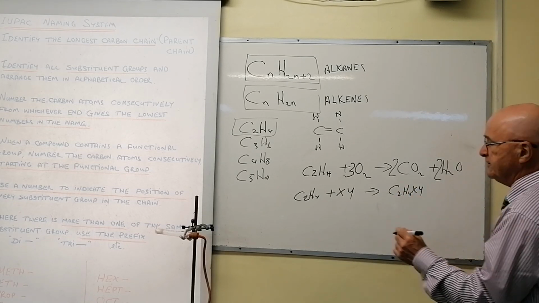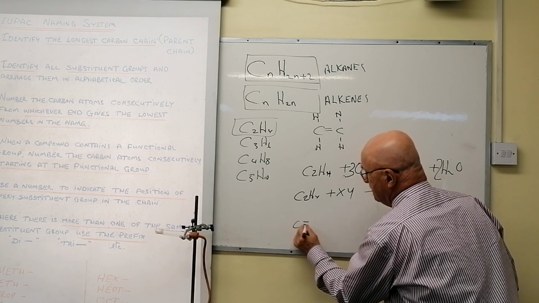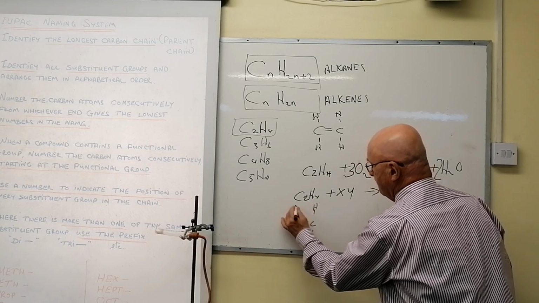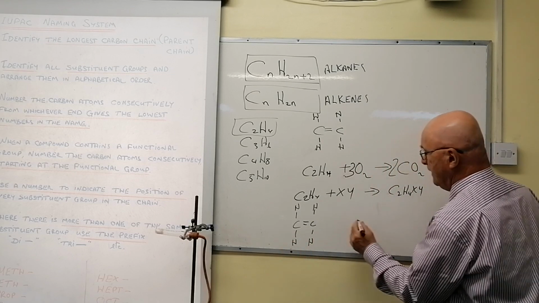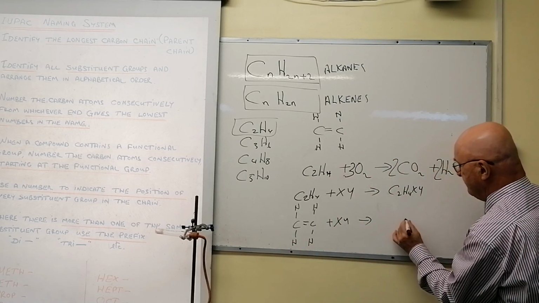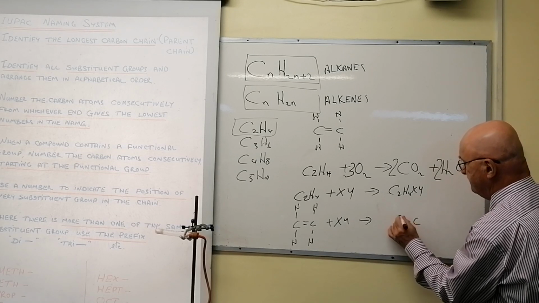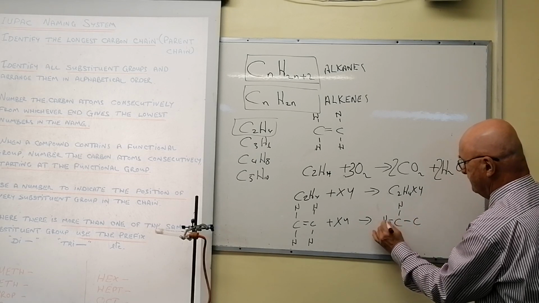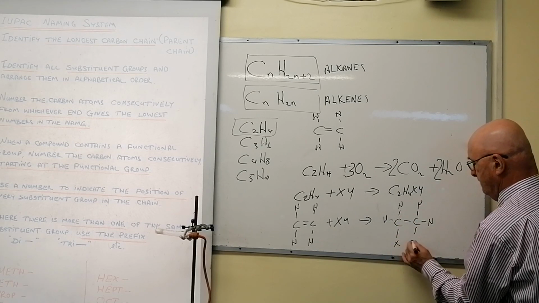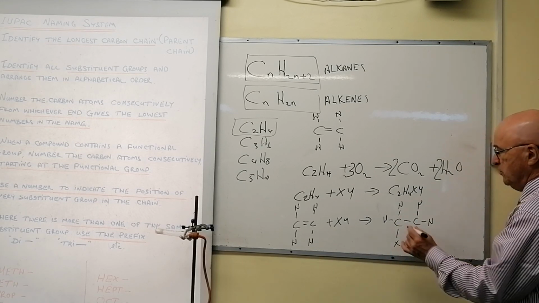That looks silly until I draw it for you. Look what will happen when you react it with the XY. It'll break the double bond, and the X and the Y will go in there.